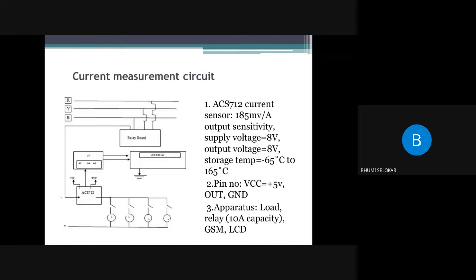For the current measurement circuit, we have used the ACS712 current sensor, which is specified as 185 millivolt per ampere output sensitivity, supply voltage at 8 volt, output voltage at 8 volt, and storage temperature of 65 degree centigrade to 165 degree centigrade. Pins used are VCC plus 5 volt, output, ground, etc. Apparatus is a load relay of 10 ampere capacity.